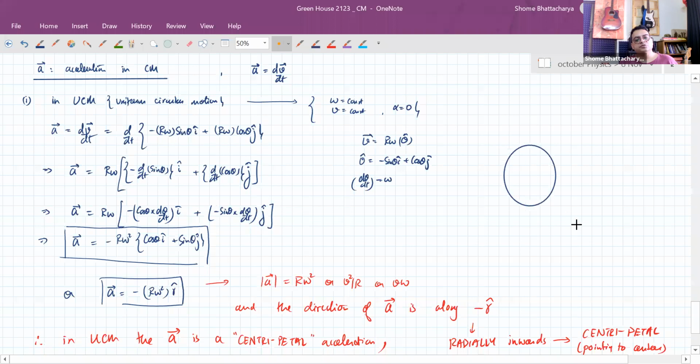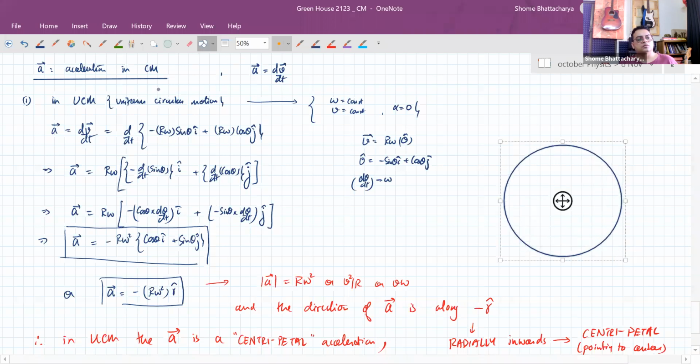Just to understand this visually also. This is our position vector at any point of time.